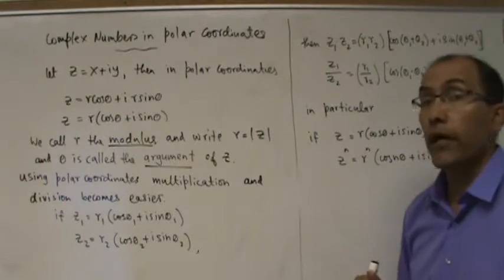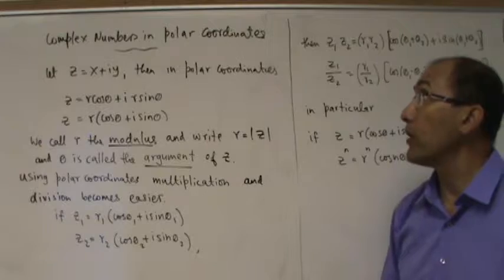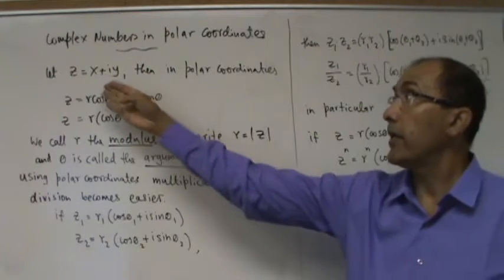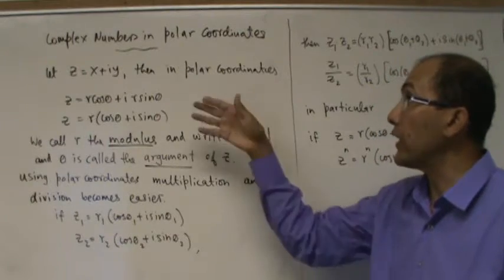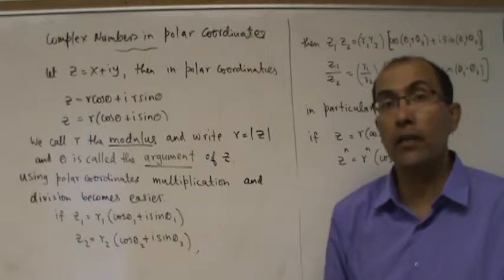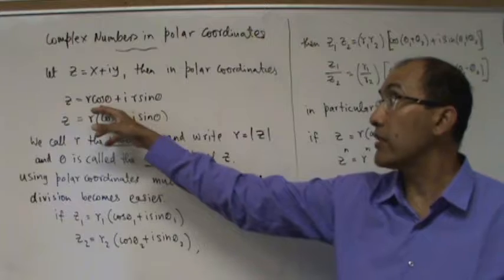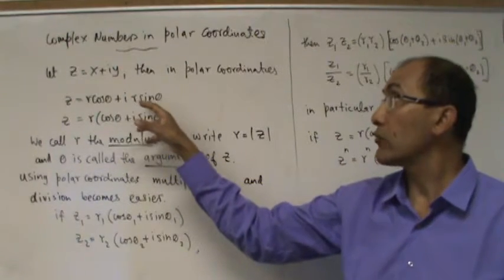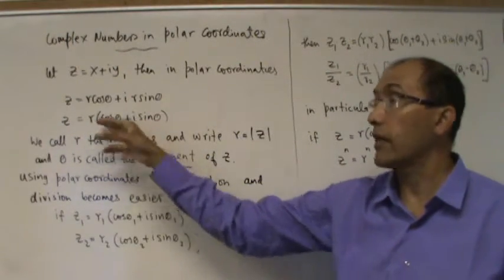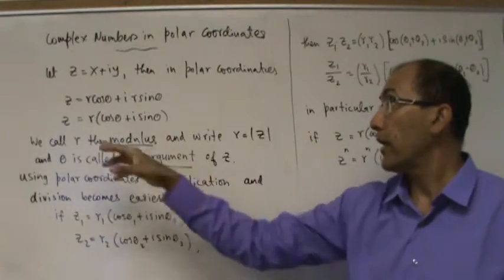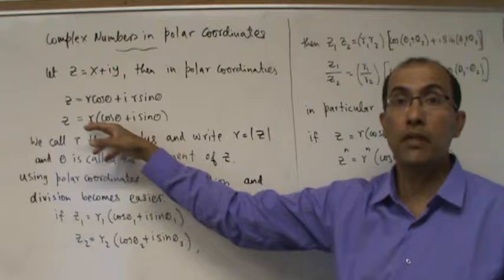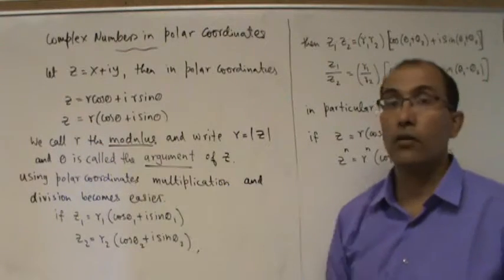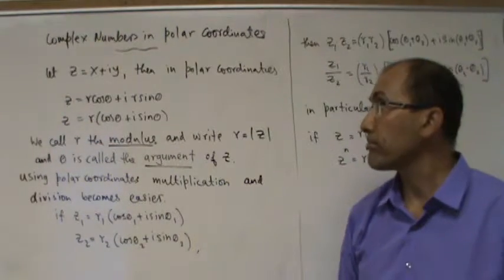So let's look at complex numbers in polar coordinates. Let z be x plus iy, and then we can change it and look at it in polar coordinates. So x is equal to r cos theta and y is equal to r sin theta, and I can factor r out, and I can write that complex number in polar coordinates as r times cos theta plus i sin theta.